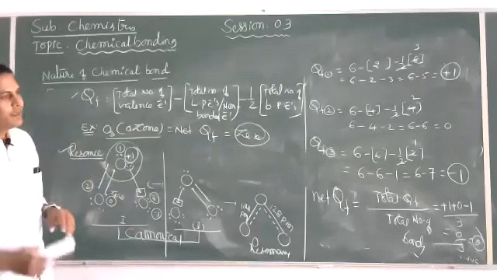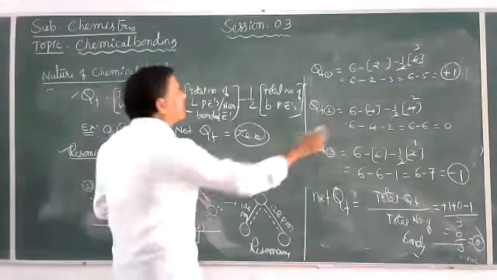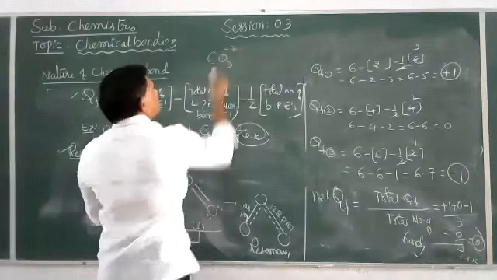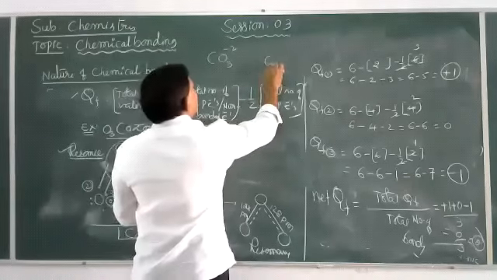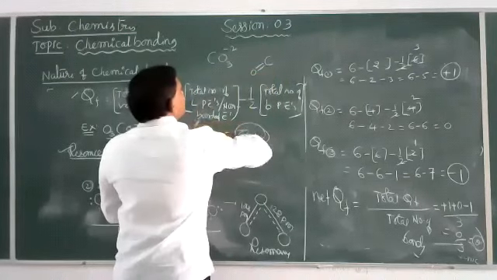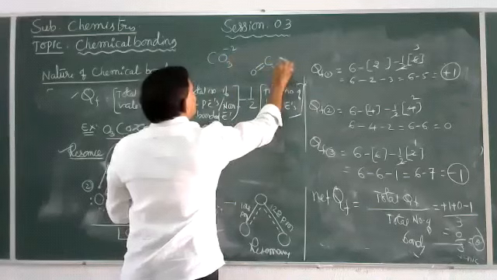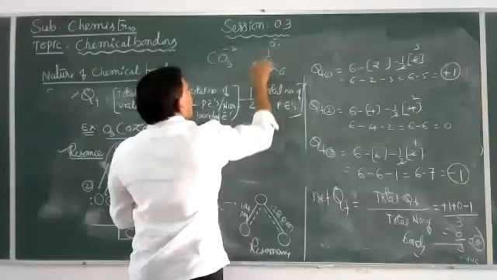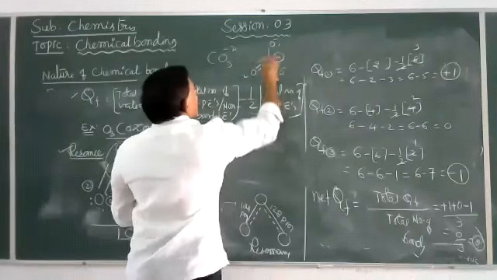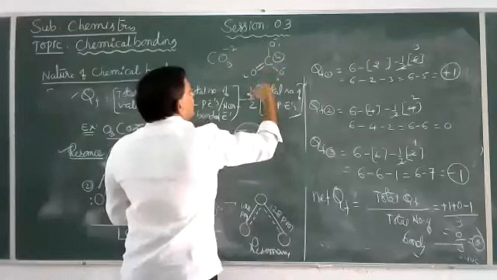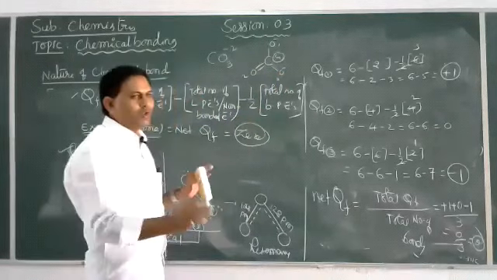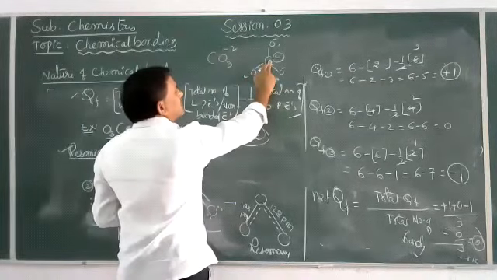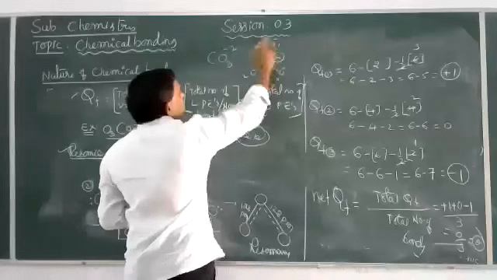In this manner, you should calculate the different examples given in our material, like CO3 2-. Around the carbon atom, the oxygens carry -1 and -1. For each and every atom of an element, calculate the formal charge. For carbon, the valence electrons are 4, but for oxygen they are 6.